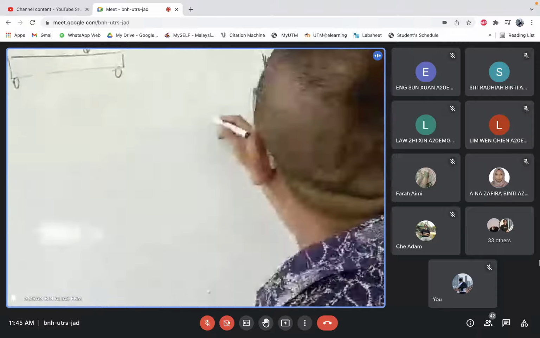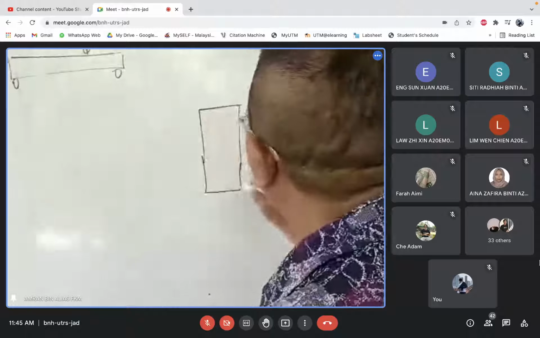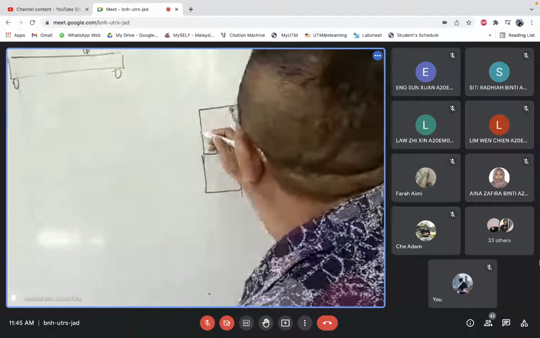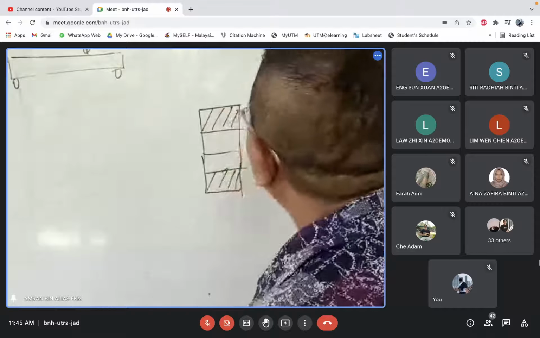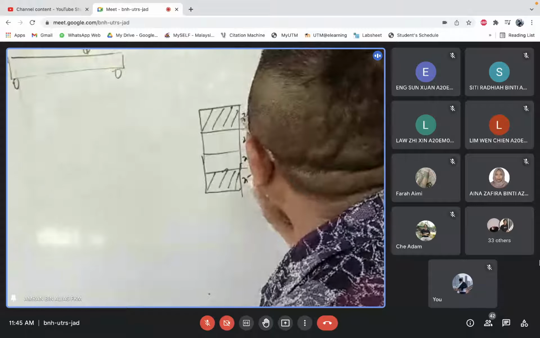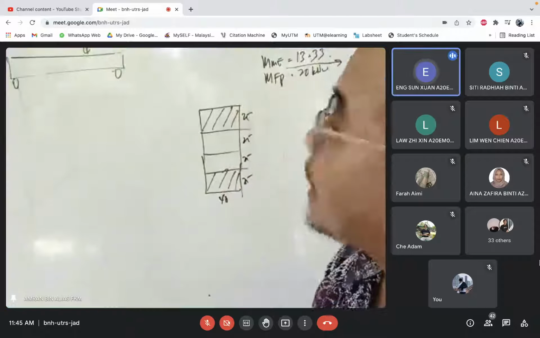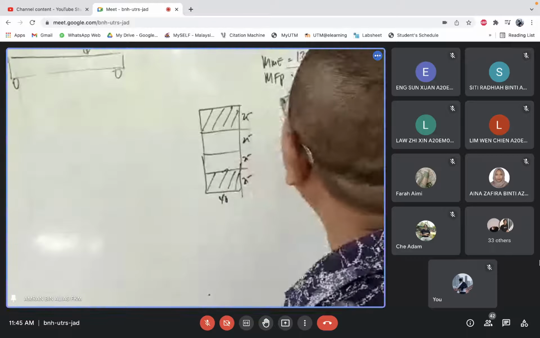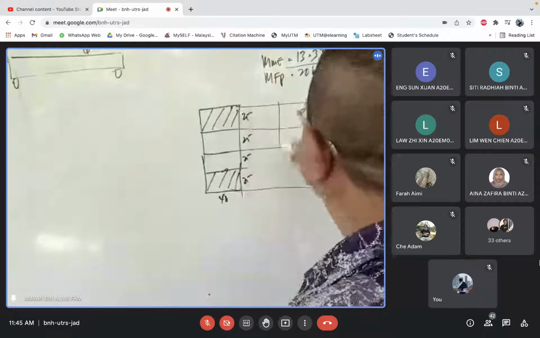Now, look carefully here. This is 50% plastic. 25, 25, 25, 25, right? We have 40 times 100. So through this, we draw the diagram.